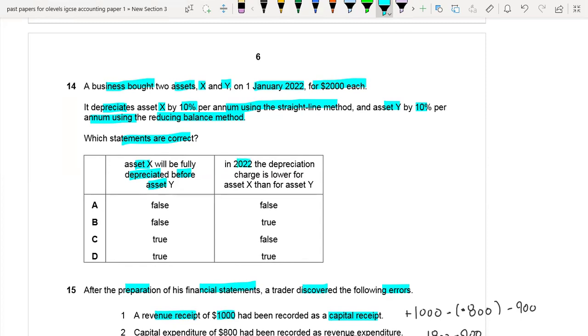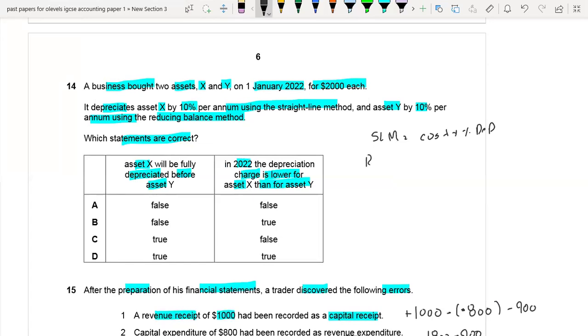In 2022, the depreciation charge is lower for asset X than for asset Y. So it's not like that, because we purchased both of the assets in 2020. So we know that in the straight line method, we will charge depreciation on the cost.